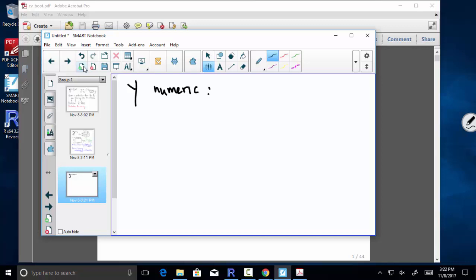Instead, what we often use is something like a mean squared error. So this would be, for example, the average squared difference between truth and prediction.